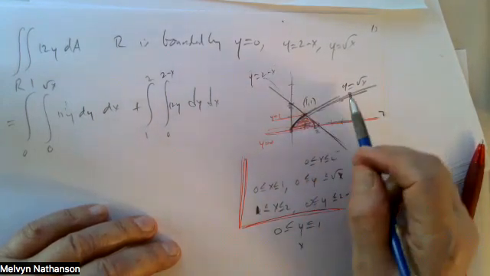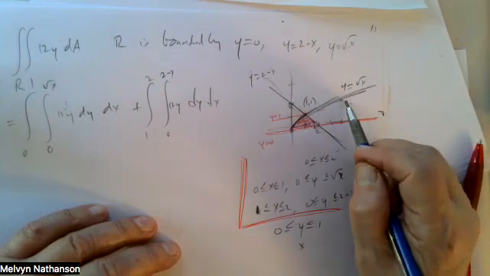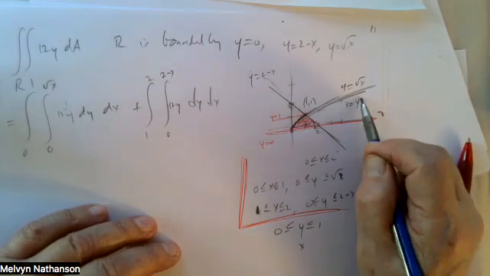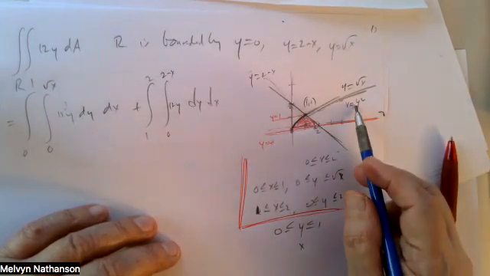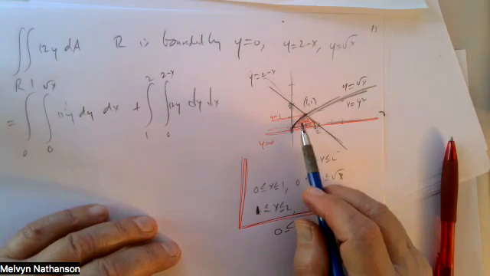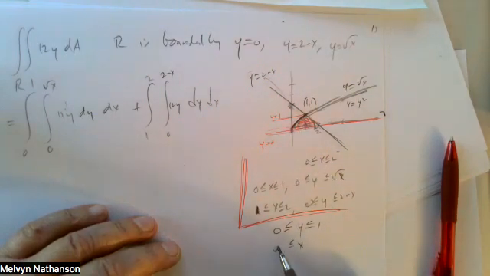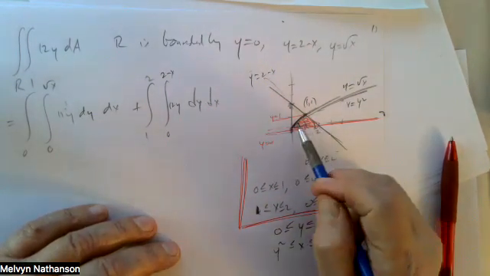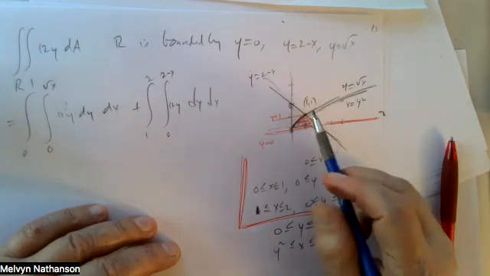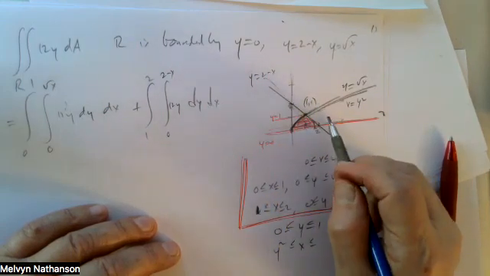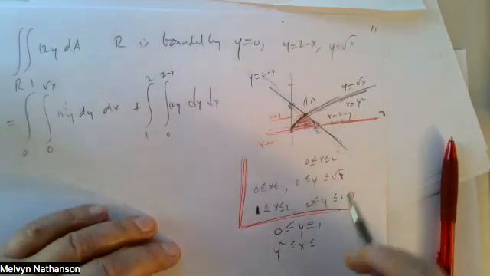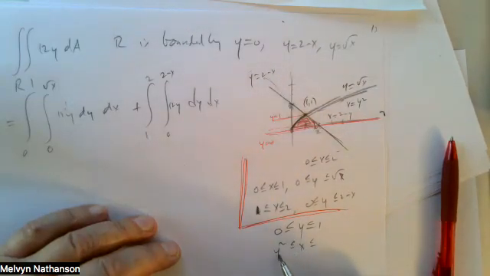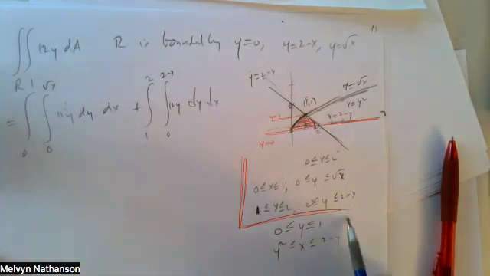What is the lower curve? When y is the square root of x, that's the same as saying x equals y squared. So for each y from 0 to 1, x starts at y squared and goes up to here. When y is 2 minus x, that's the same as saying x is 2 minus y. It's the same equation. So x goes from y squared up to 2 minus y.